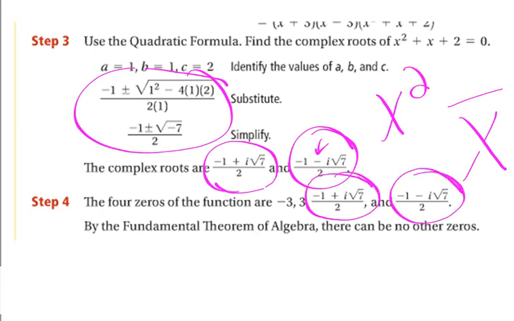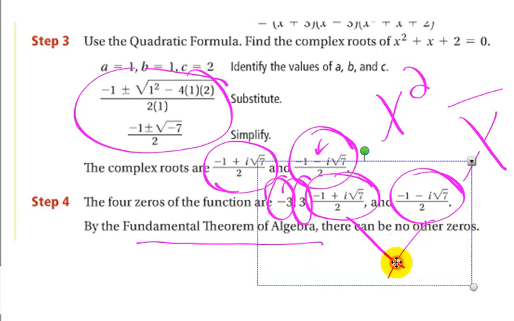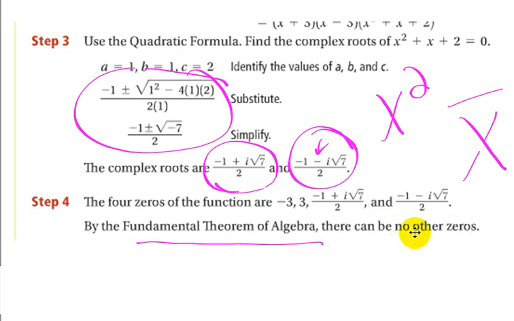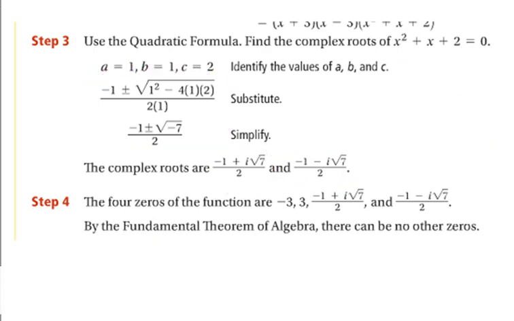So there's all 4 terms. Negative 3, 3, and the 2 we got from the quadratic equation. That's all there is to it. By the Fundamental Theorem of Algebra, there are no other zeros, right? And so we knew there were 4 zeros, and we calculated all 4 zeros. Any questions?